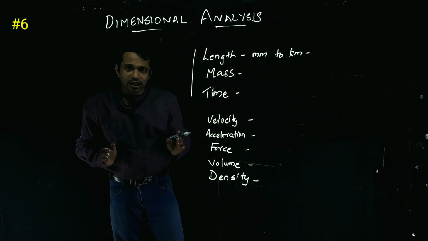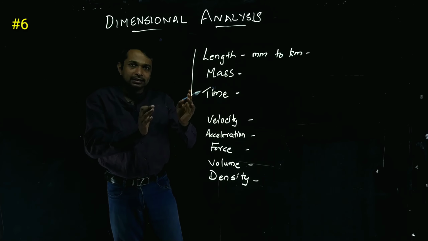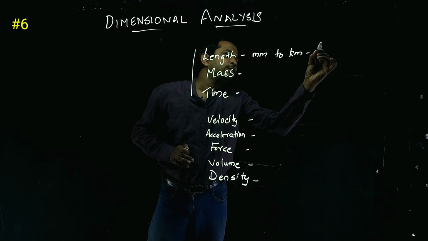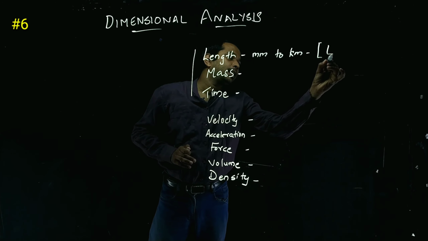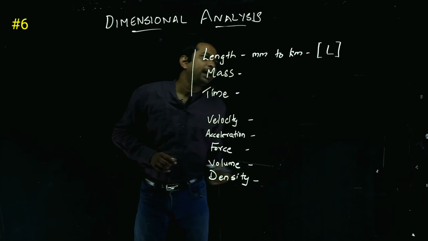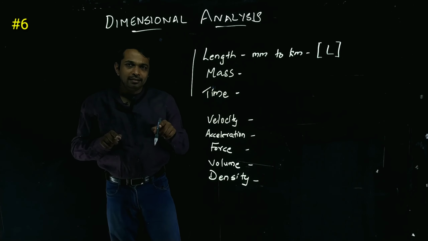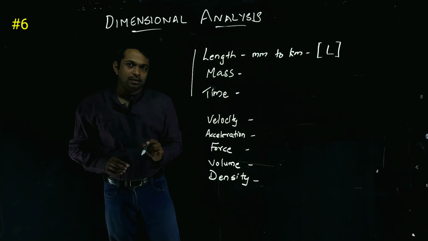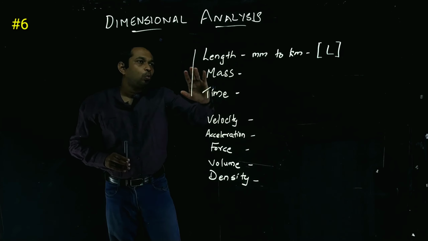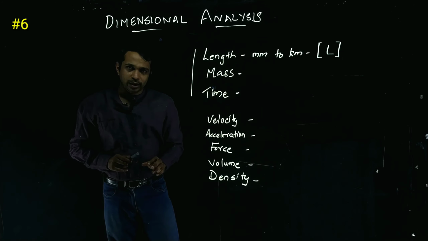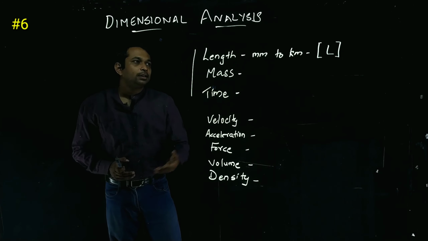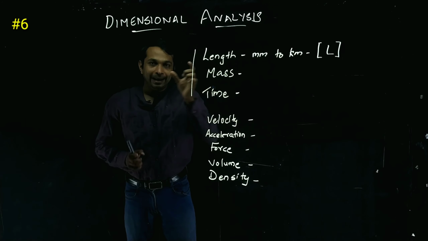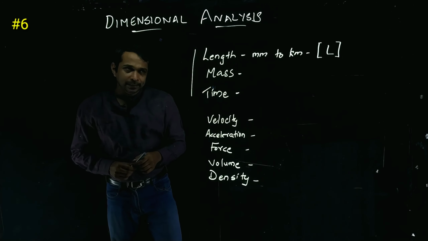So generally we can write length in this format: capital L within a square bracket. So that means whatever be the nature of your unit, you are measuring length, right?